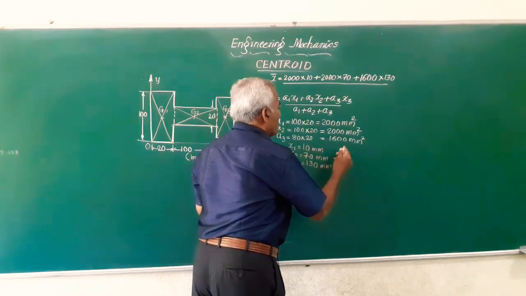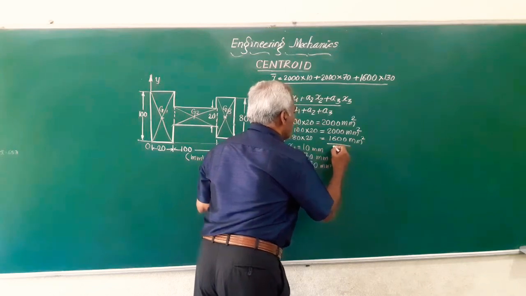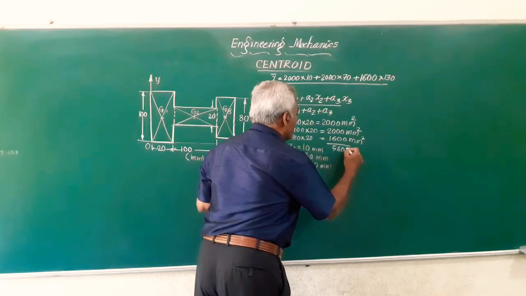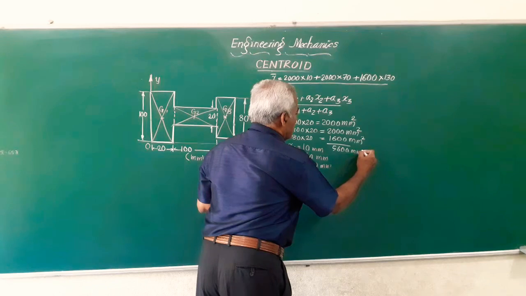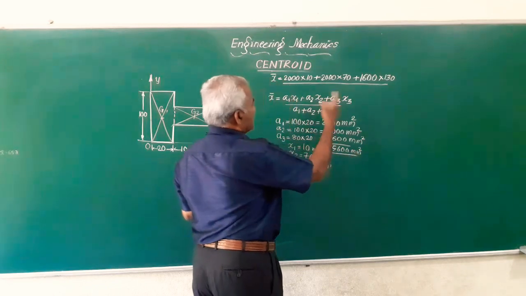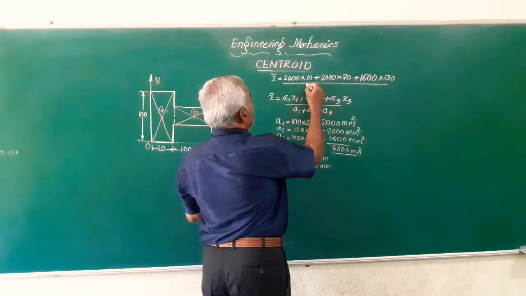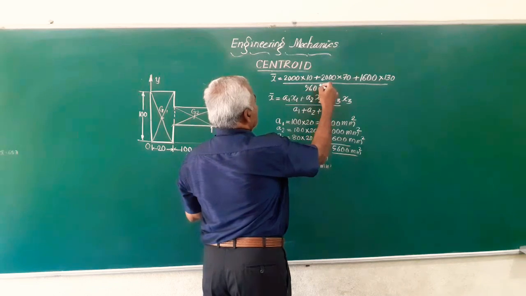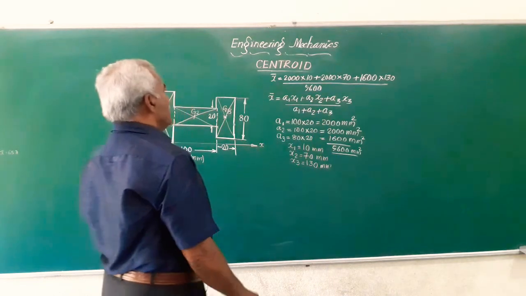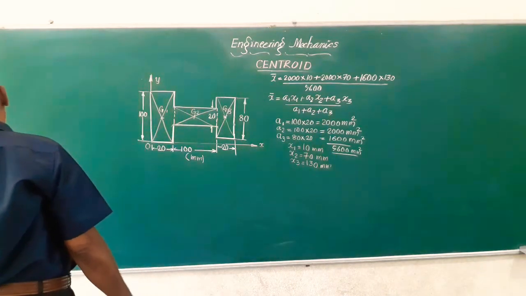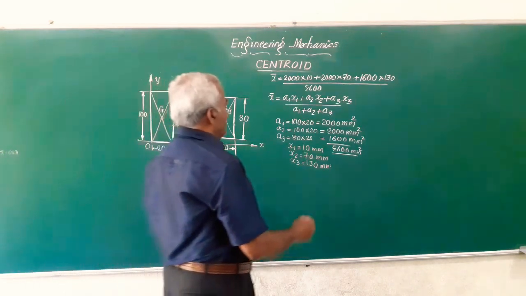If you add all these, it comes to 5600 mm square. So instead of writing a1 plus a2 plus a3 separately, we can put the total, that is 5600. If we simplify this, you get the value of x bar as 65.71 mm.